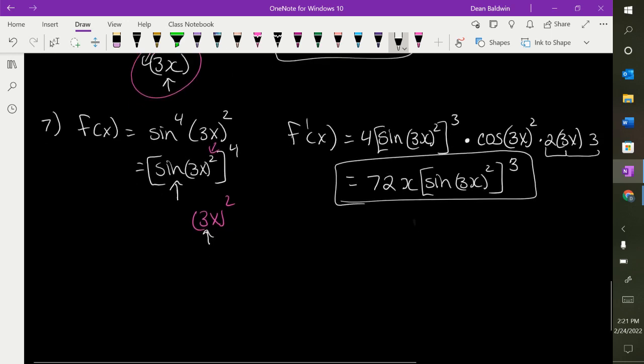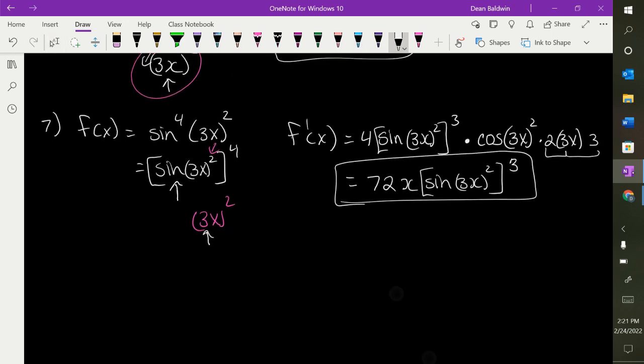And there you go. So if you want practice with the trig ones, page 136, numbers 43 to 63, odd, 83, 89. I got a note to myself here.